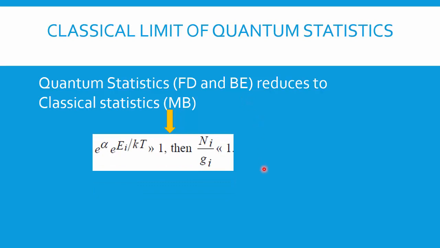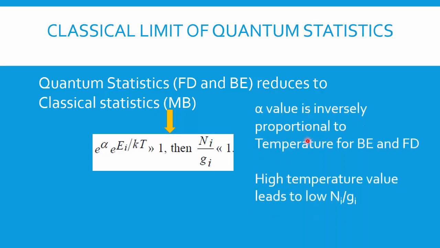So to finalize this statement, the condition for FD and BE to reduce to MB is this: if e to the power of alpha into e to the power of epsilon by kT is much greater than 1, then the number density changes, and the delta sign in the previous slide can be neglected, and once it is neglected, FD and BE reduce to MB.